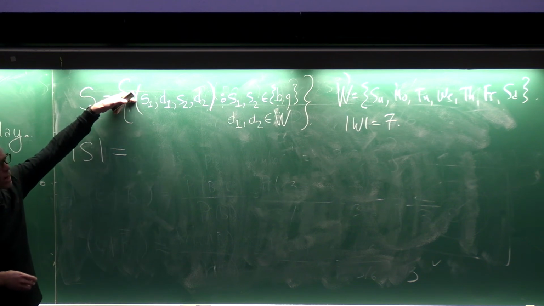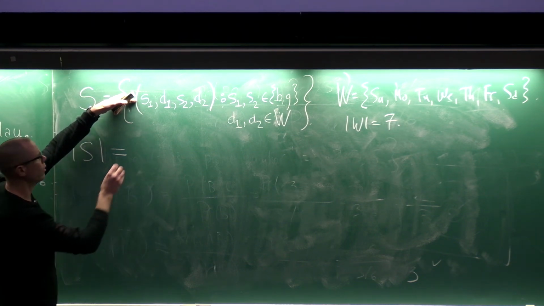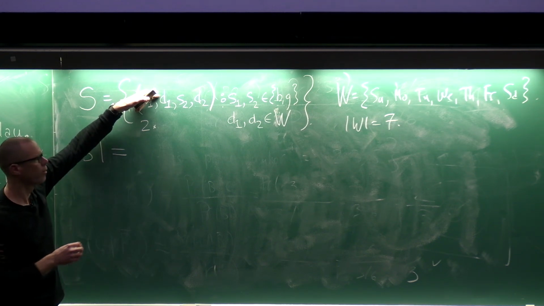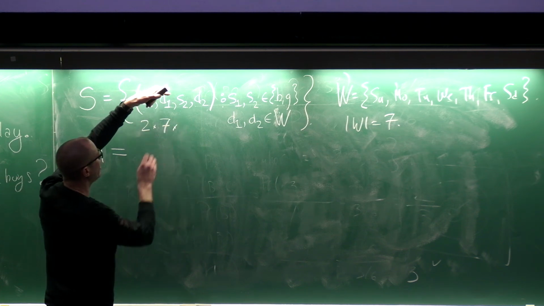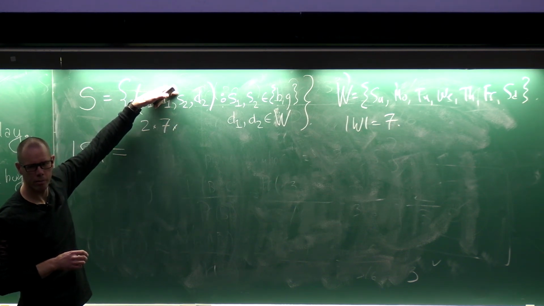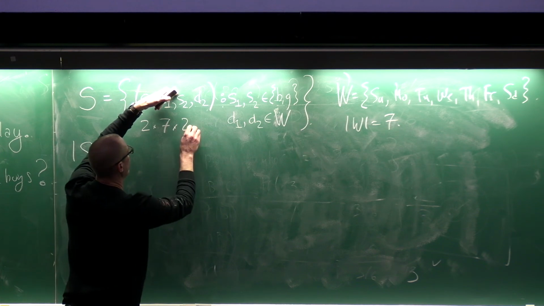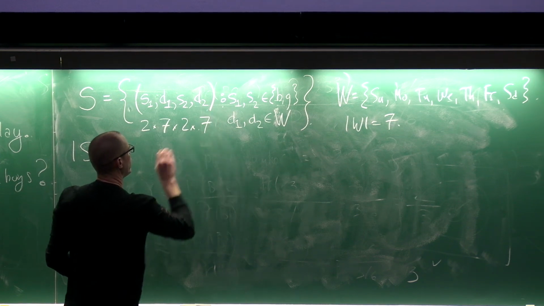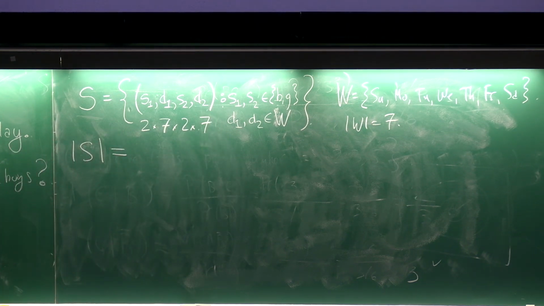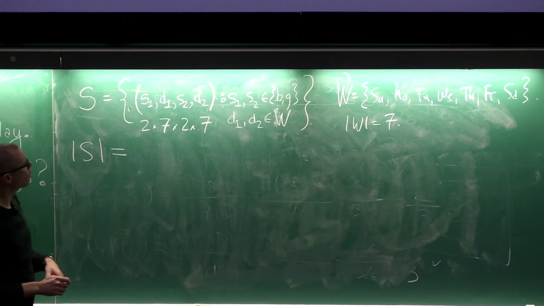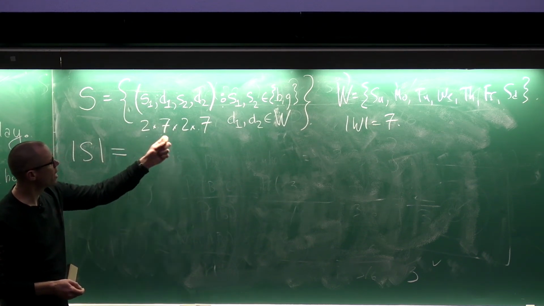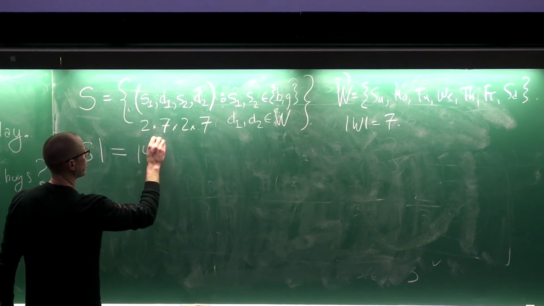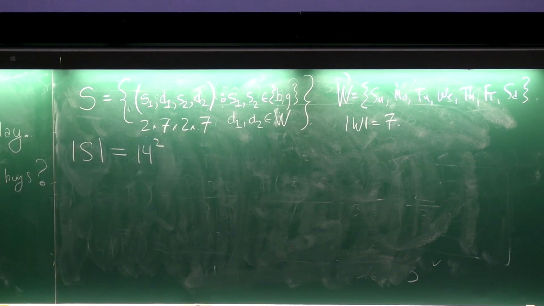How many choices for the sex of the first child? 2. How many choices for the day of the week of the first child? 7. How many choices for the sex of this child? 2. And how many days of the week for this child? 7. So the product rule says that the size of the set S of all the possible outcomes is 2 times 7 times 2 times 7. Or if you like, it is 14 squared. All right?